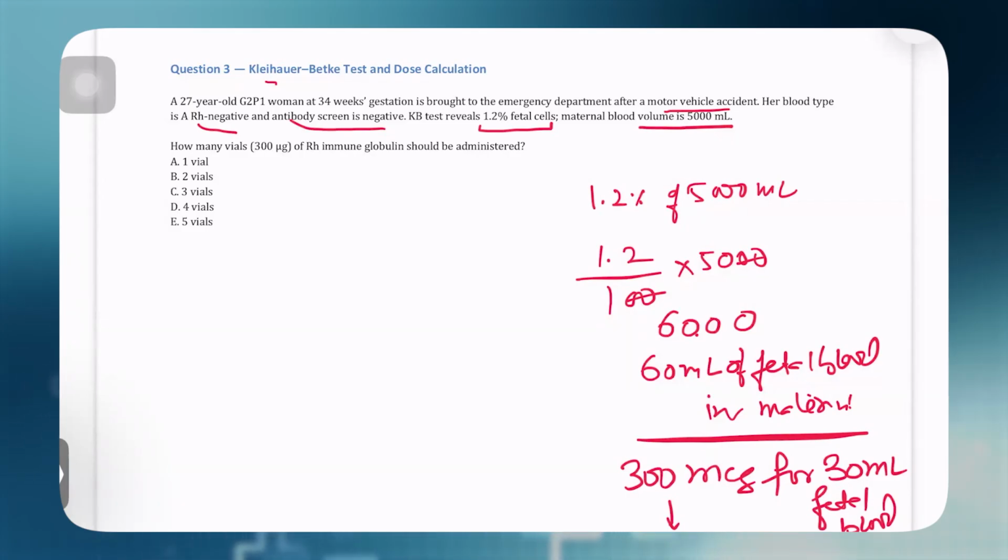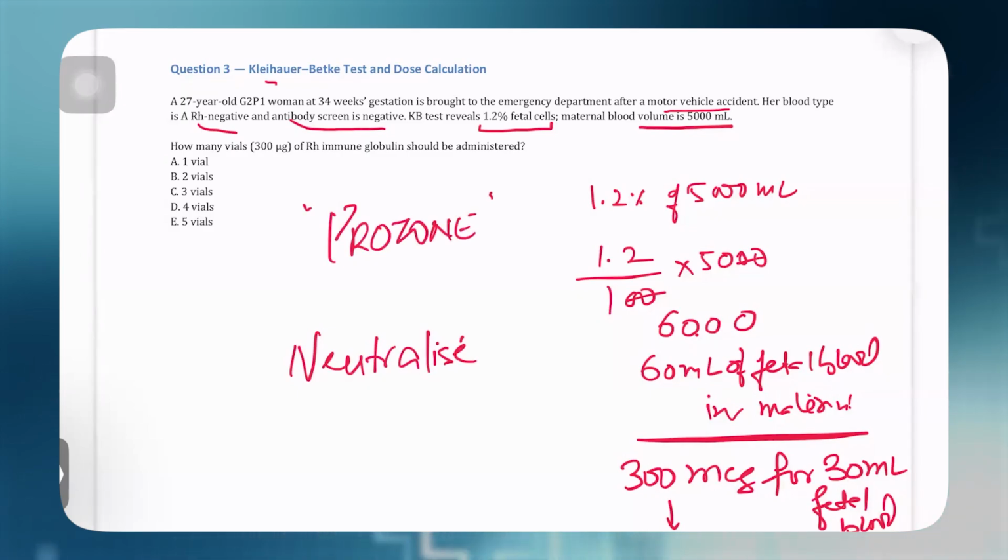So how many vials would be needed? 2. But one should always think about going for an extra correction. Why? Because we need to neutralize the fetal cells. Remember the prozone phenomenon? That is why I mentioned the prozone phenomenon.